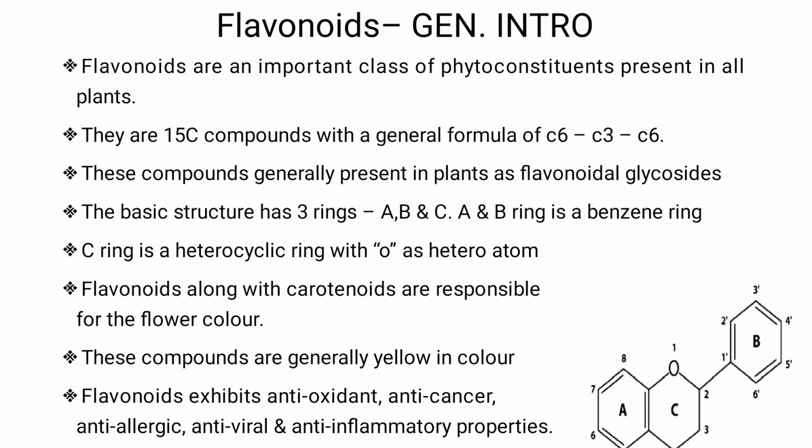So if your compound has a potent antioxidant effect, then it will have a lot of health benefits. It will prevent our body from a lot of diseases or disorders. So that is why in the beginning we told that these flavonoids are a very important class of secondary metabolites, very important phytoconstituents, since it has an antioxidant effect.